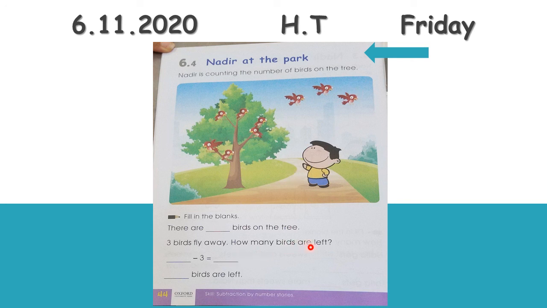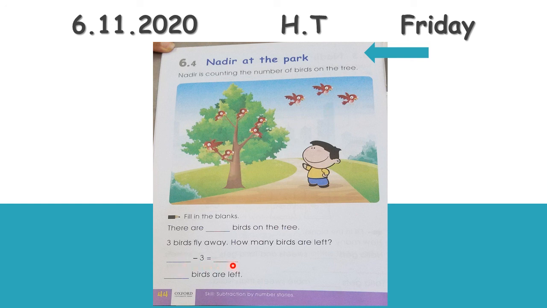How many birds are left? How many birds on the tree? 6. So you are going to write here number 6. Write 6 in the blank. 6 minus 3. Why are they writing 3 here? Excellent, because 3 birds are flying away. So 6 minus 3 is equal to dash.